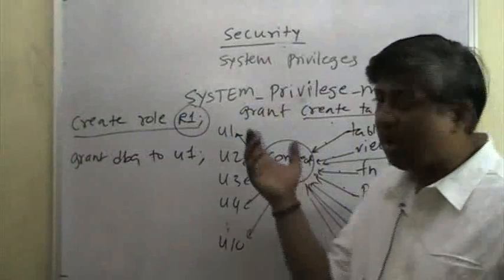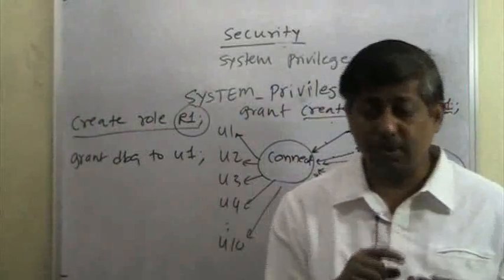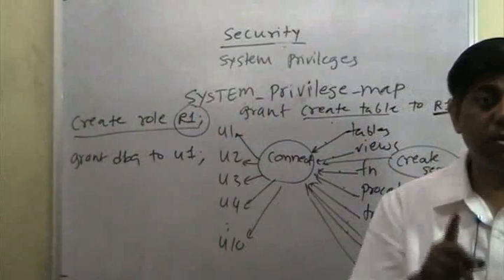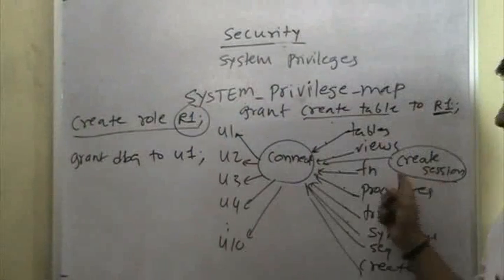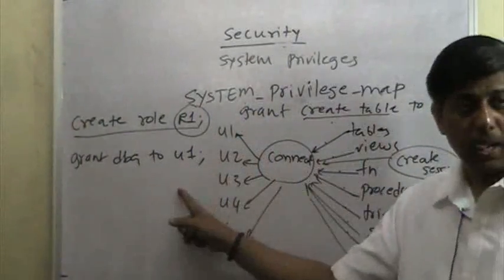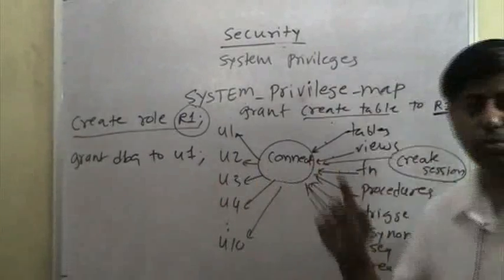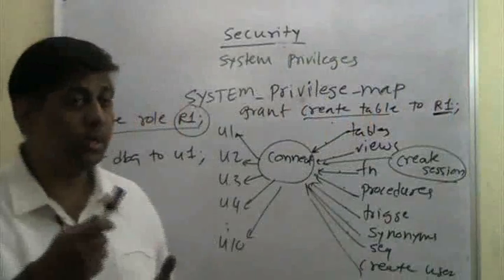Just because you have created a user with the create user command, that doesn't mean that user can log in. Even if he knows his password, he will not be able to log in until a create session privilege is granted to that user, either through a role or directly. Somehow the create session privilege has to be granted to a user, then only the user can log in.